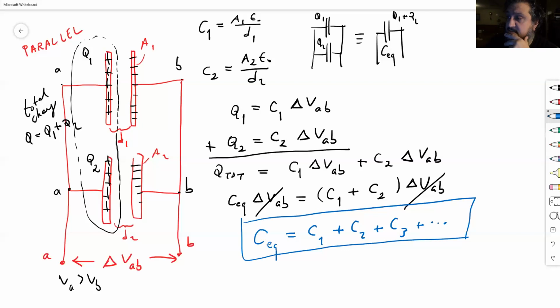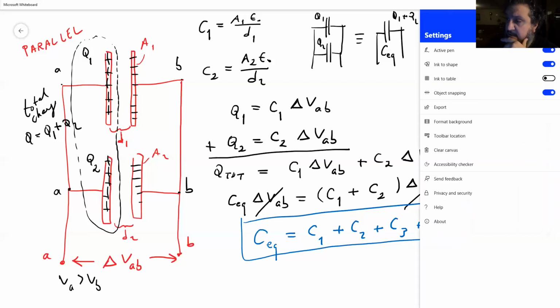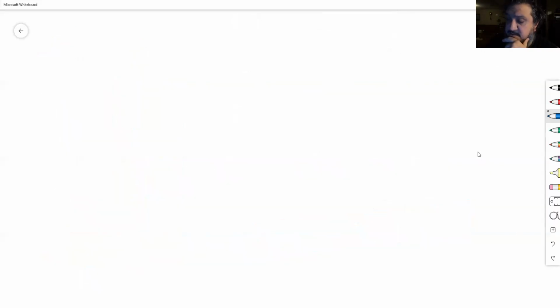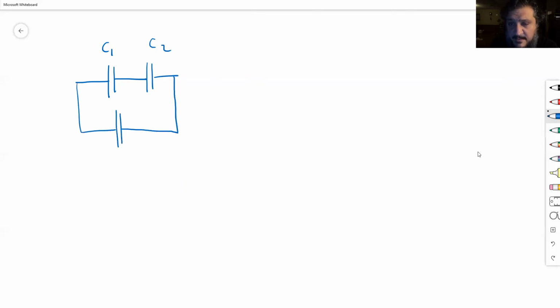capacitors. For instance, what if you have 3 capacitors? C1 and C2, and then maybe a third one, C3. So let's use numbers.